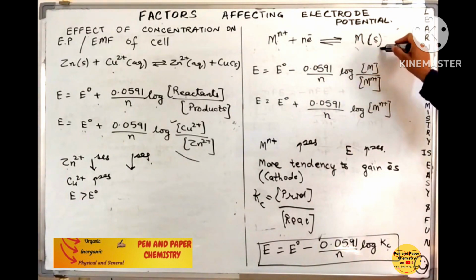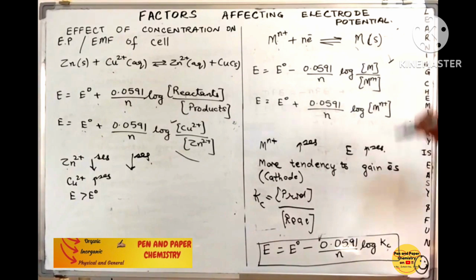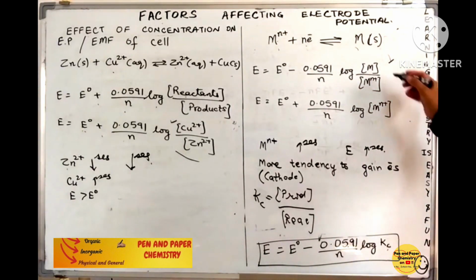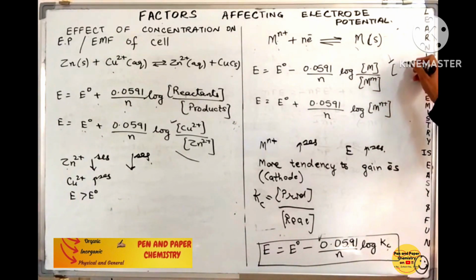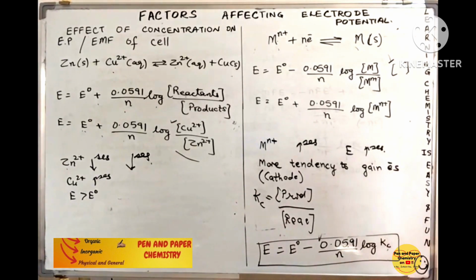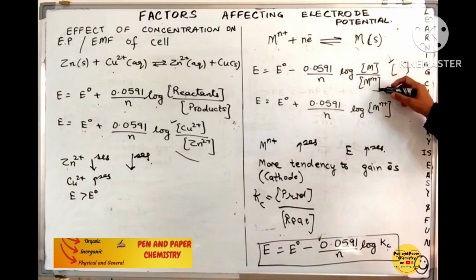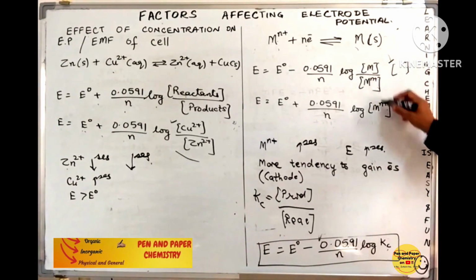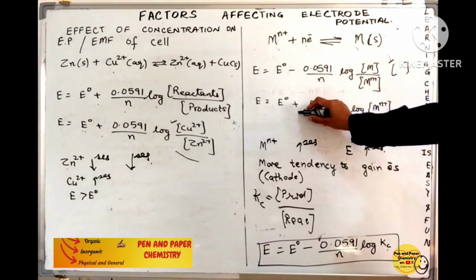Again, because this is a solid, concentration is taken as unity, that is 1. Also remember square brackets specifically. Square brackets means you are talking about concentration in moles per liter. I can flip them, so Mn+, and the sign here becomes positive.